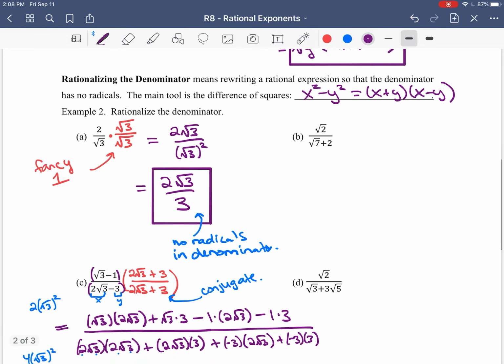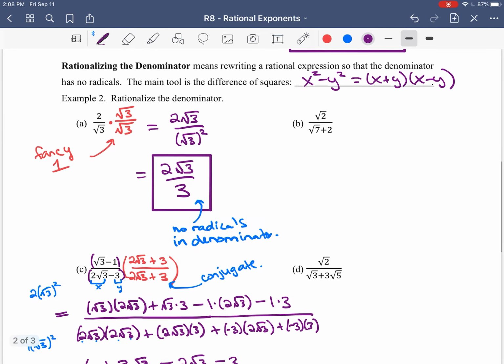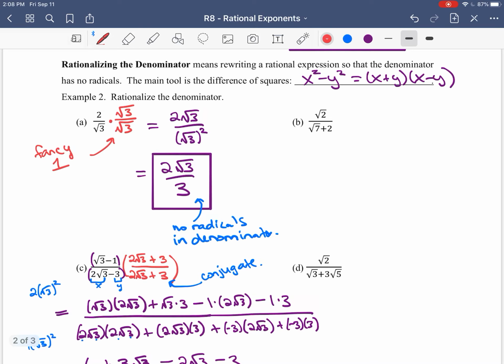Now here we want to rationalize the denominator. In part B, I want to make sure that this root 7 is gone. So I'm going to use the difference of squares tool and multiply by the conjugate. The conjugate has the same 2 pieces, root 7 and 2, with the opposite sign in between them. Because it's a plus, it's going to be a minus here.